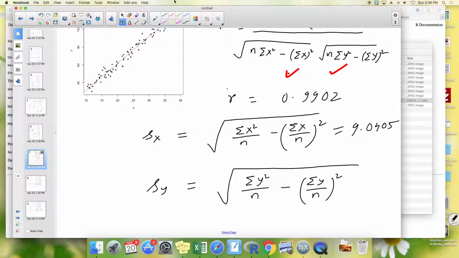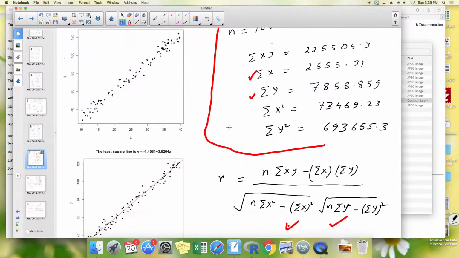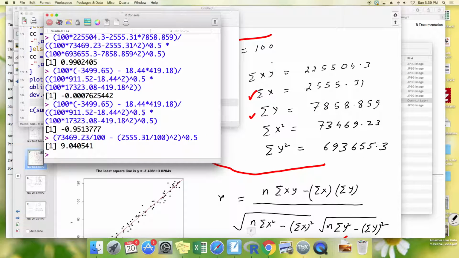So that shall be 693,655.3 divided by n, minus, another bracket, summation y by n whole square.